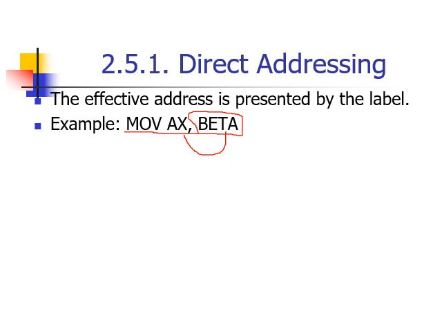But it needs two memory locations because you're trying to fill up a 16-bit register. So it goes to BETA, places the 8 bits in BETA inside your AL, and goes to BETA plus 1, the high, inside your AH, low and low, high and high. This is the little endian format we talked about previously.